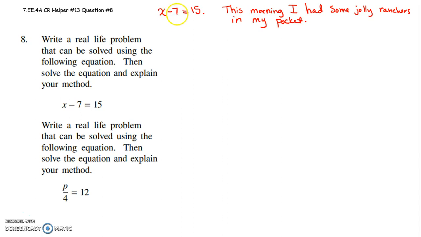At lunch, I gave away 7 Jolly Ranchers. I now have 15 Jolly Ranchers left.